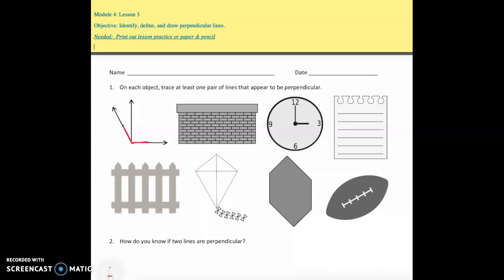No, because it's not a right angle. So how about, would this line be perpendicular to this one? Yes, it is. That is a perpendicular line.